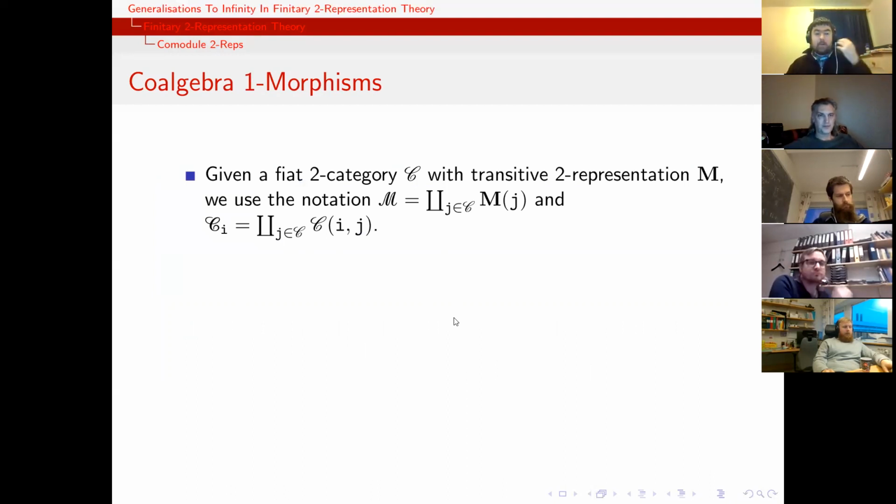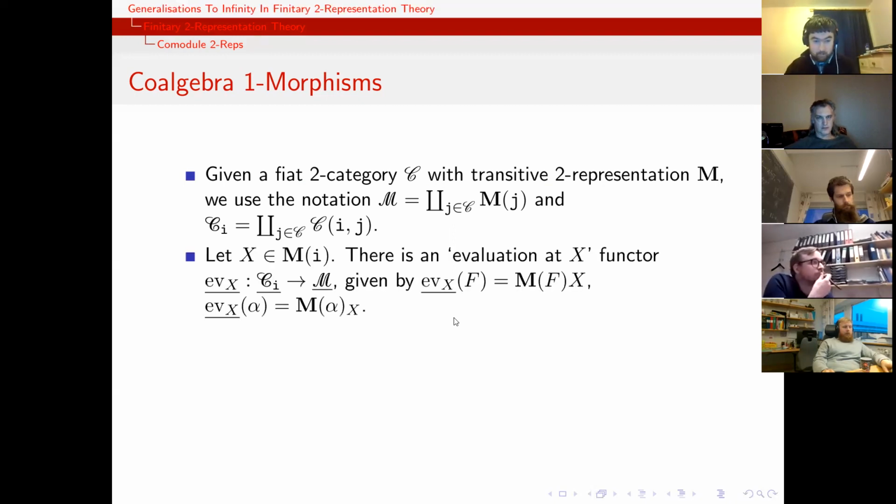So now we move on to this concept of coalgebra one morphisms. Our setup here will now be a fiat two category, so with internal biadjoints, with a transitive two representation. And we have a notation where we take the coproduct of the target categories as this curly M. So this is a one category, standard category. And similarly, C sub i as this coproduct over j of the C_ij.